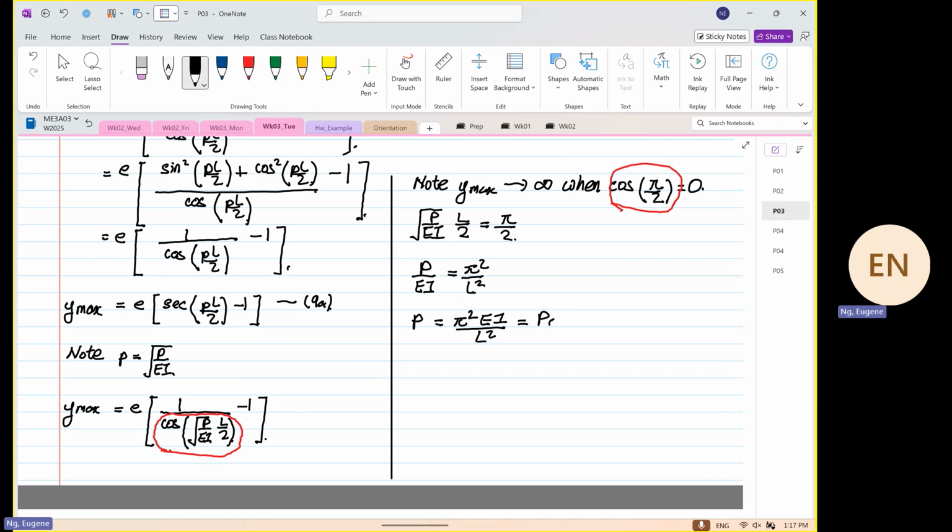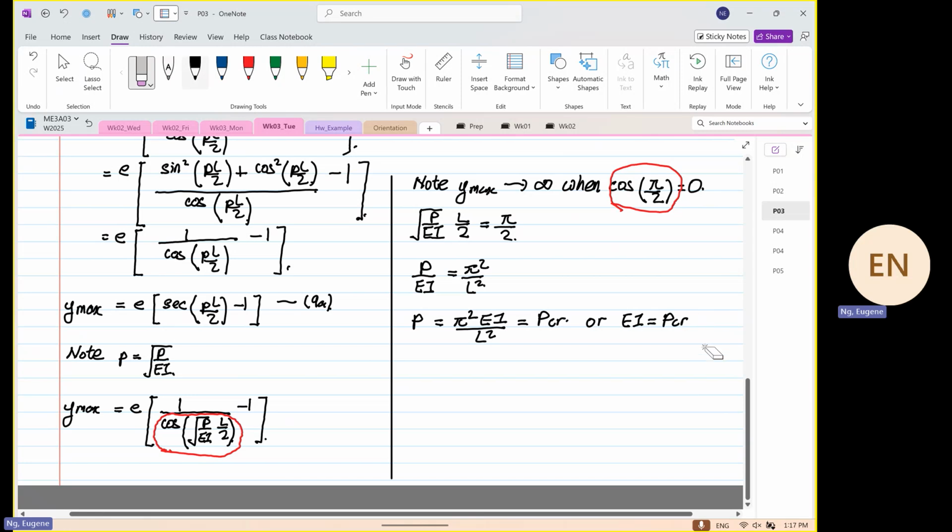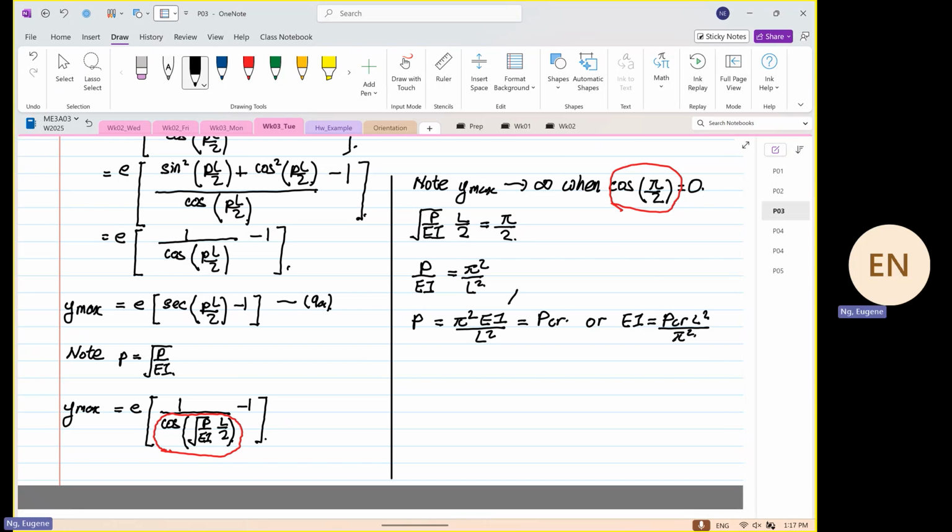This is also equal to PCR. Or we can have the expression which is EI, which is equal to what? EI is equal to critical stress multiplied by L squared. Okay, L squared over pi squared. Now, what you observe over here, this equation, have you seen it before?